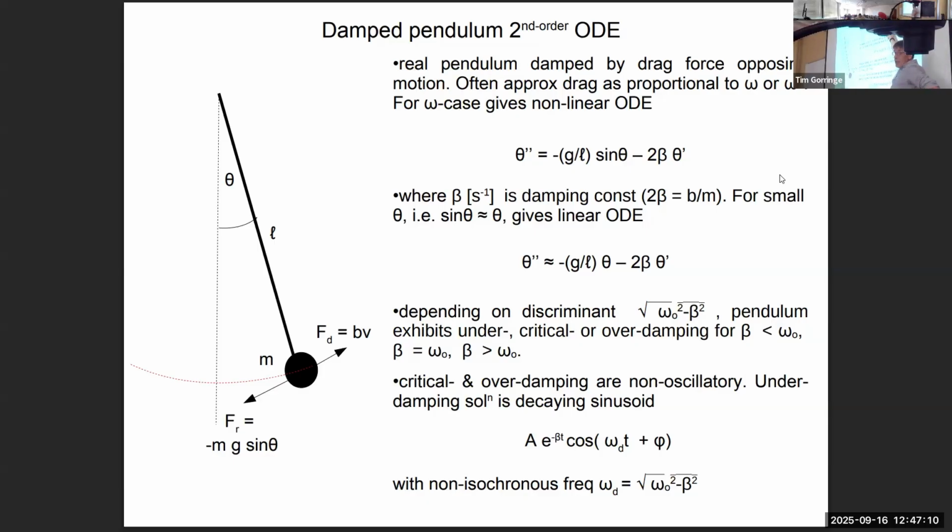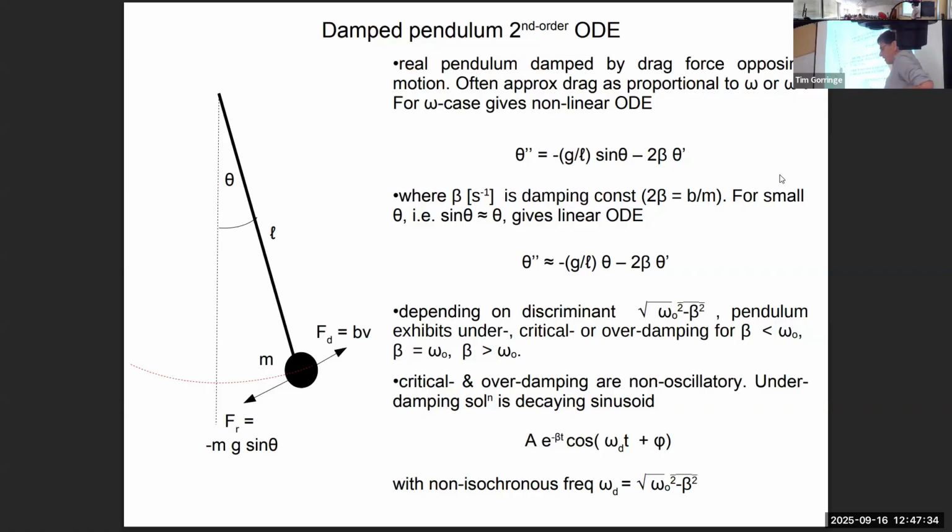Again, this is a non-linear differential equation. It is linear in the second order differential, theta double prime. It's linear in the first order differential of the dependent variable, theta prime, but it's not linear in the dependent variable theta, because it's sine theta. So that's non-linear.